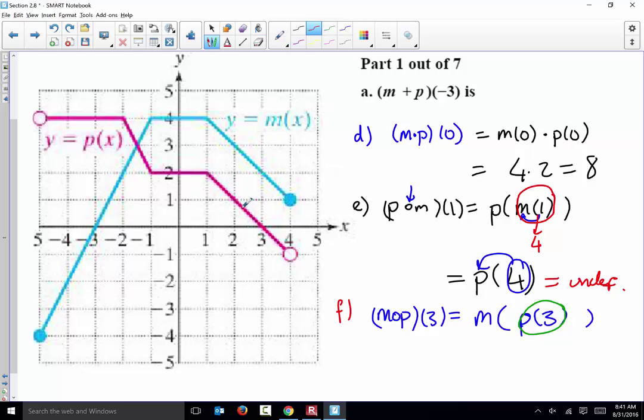Alright, here is my passenger 3, and it's already on the P bus. So let's read its y coordinate, which is 0. P took 3 into 0. Now 0 rides on M. What is M of 0?